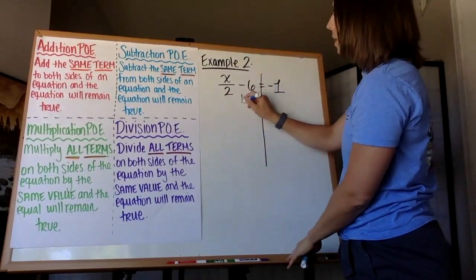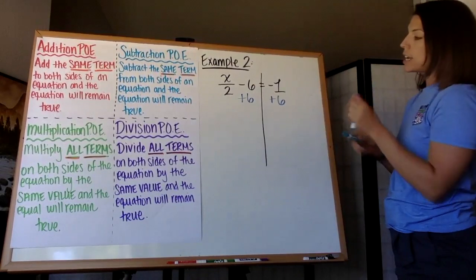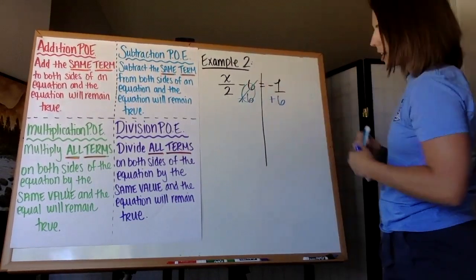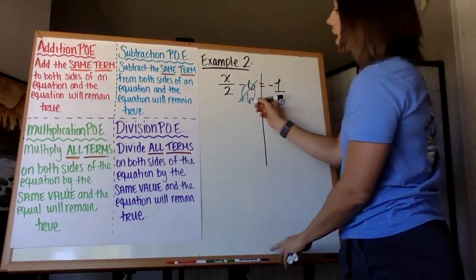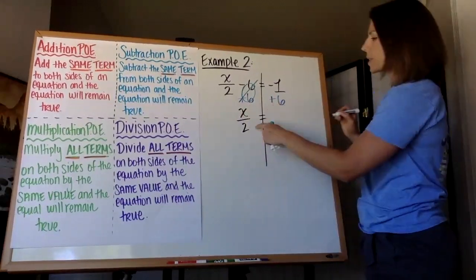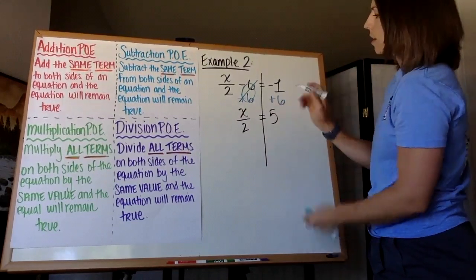So to do that, I'm going to add 6 to both sides because that's my addition property of equality. Negative 6 plus 6 is 0, right? We created a zero term. We didn't just cancel anything out. That word doesn't exist. And we have x divided by 2 left over on the left side, equal sign on the line. Negative 1 plus 6 is just 6 minus 1, which is 5.